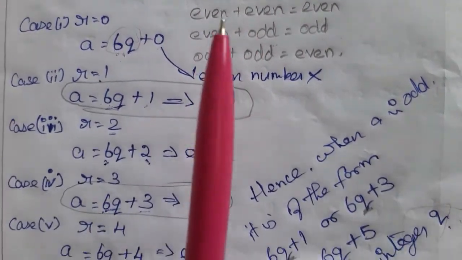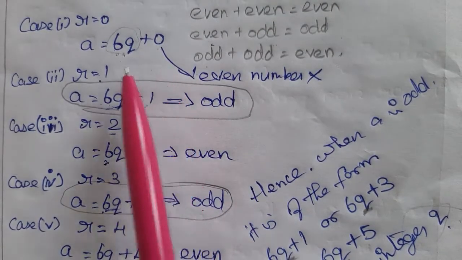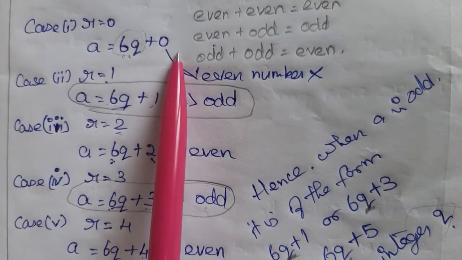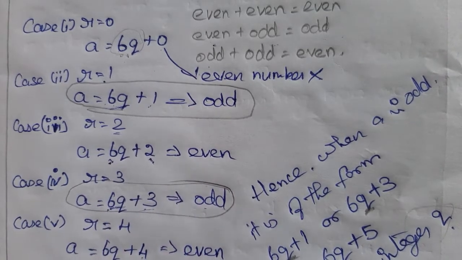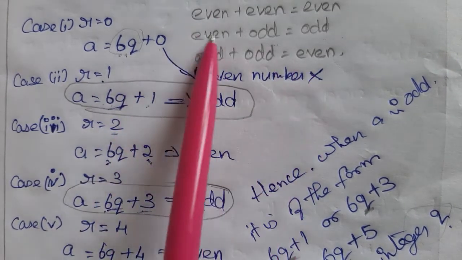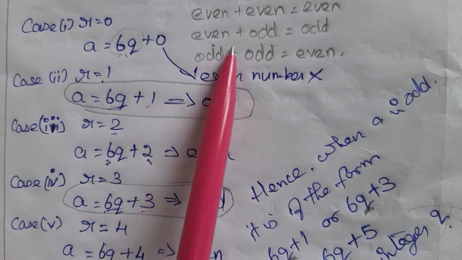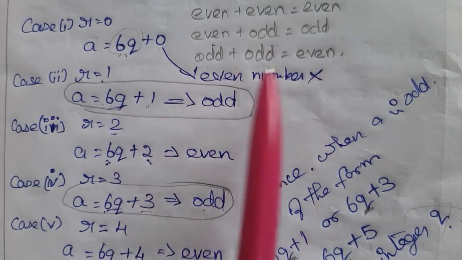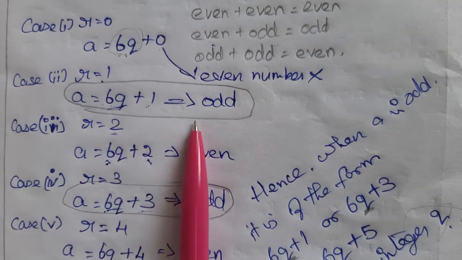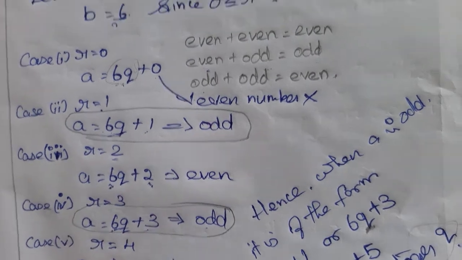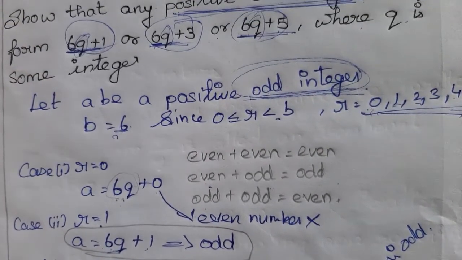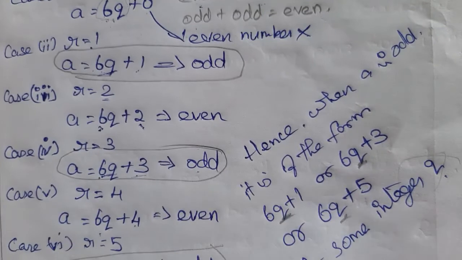So there will be 6 cases: a is equal to 6q plus 0, 6q plus 1, 6q plus 2, 3, 4, 5. By the conditions even plus even is even, even plus odd is odd, odd plus odd is even, we can categorize which are even and which are odd. The question asks about odd integers, so we picked the odd ones and proved it.